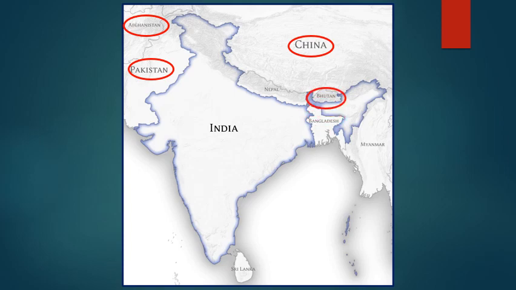Bhutan also in the north. Nepal also in the north. Then we can see Bangladesh, which lies towards the east of India. Myanmar also in the east, and Sri Lanka in the southeast. So these are our 8 neighboring countries.